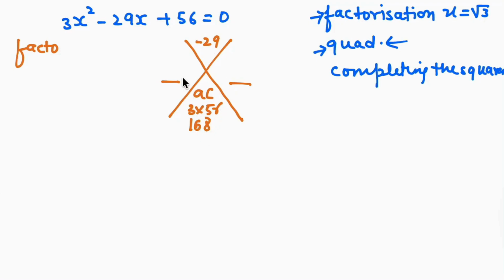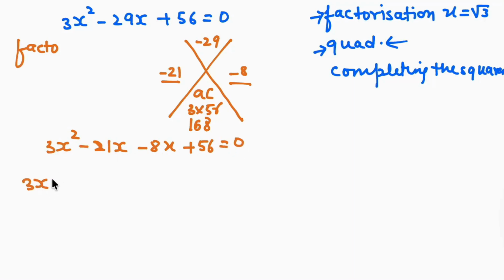So let's say the numbers are negative 21 and negative 8. When you multiply them, you get 168, and when you add them, you get negative 29. So let's split it: 3x squared minus 21x minus 8x plus 56 is equal to 0.